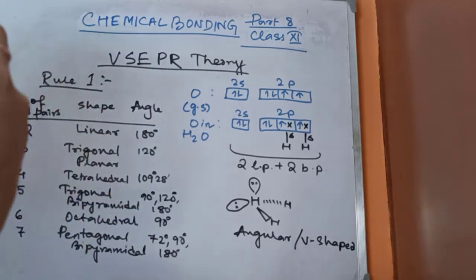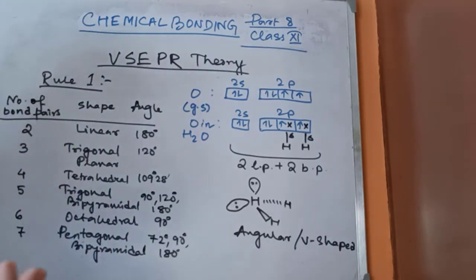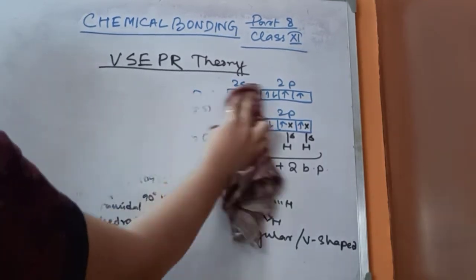So both the lone pairs as well as the bond pairs determine the shape of the covalent molecule. This is rule 1. Next, I'll come to rule 2.